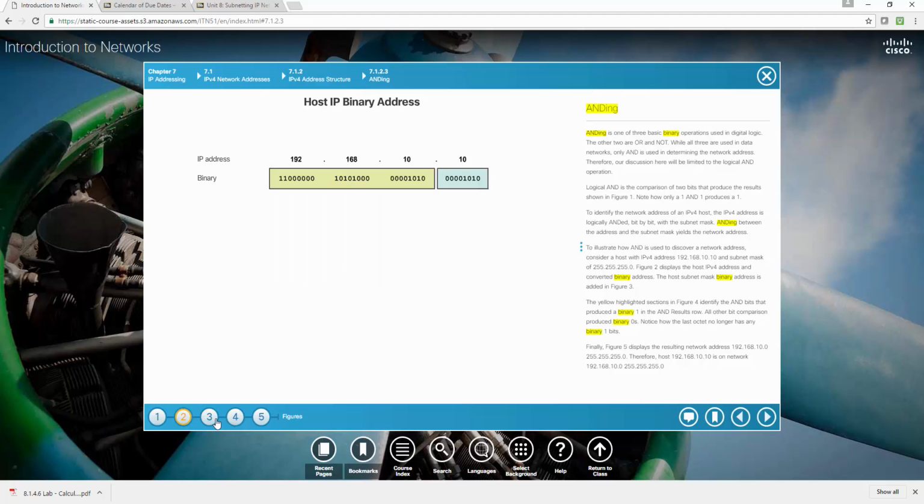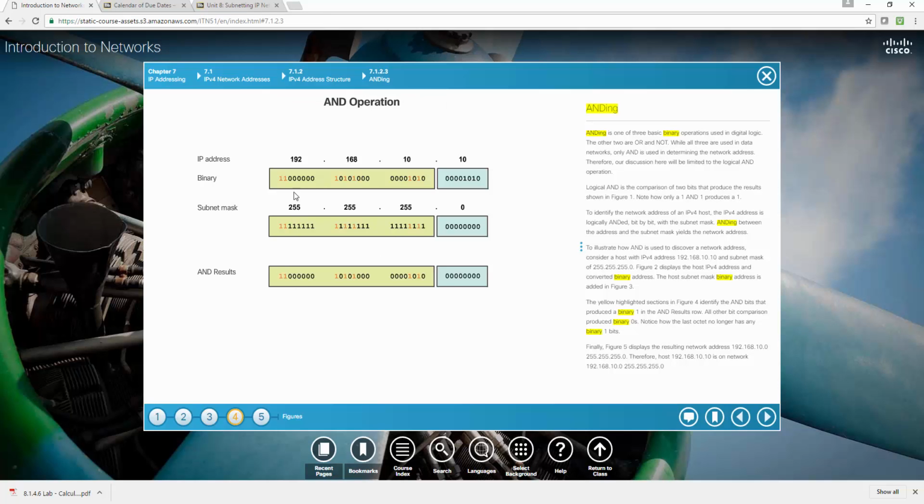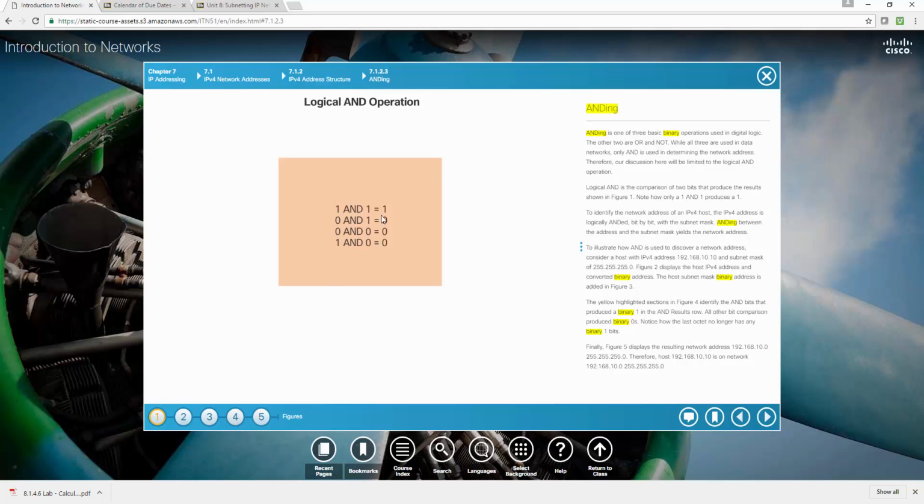And it basically compares an IP address and converts it to binary, and then it takes a subnet mask and converts it to binary, and then it compares the differences. So with the binary ANDing, when there's a 1 and a 1, it's a 1. Anything else is a 0.